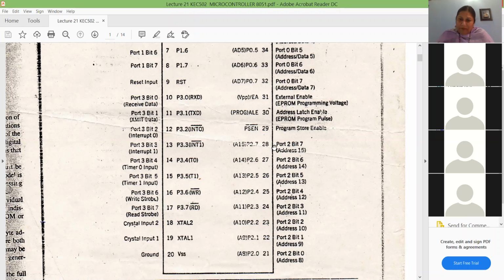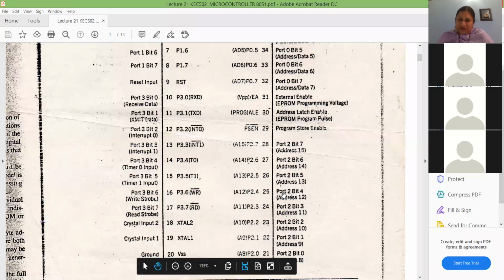So you can operate this bitwise. A single bit can be operated as an input or output. It is not necessary that if it is port 2, the complete port should be input or the complete port should be output. A single port pin can be input or a single port pin can be output.